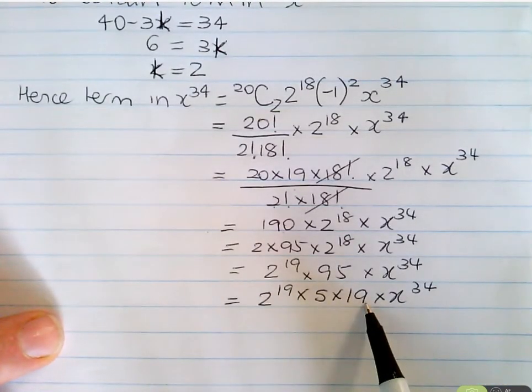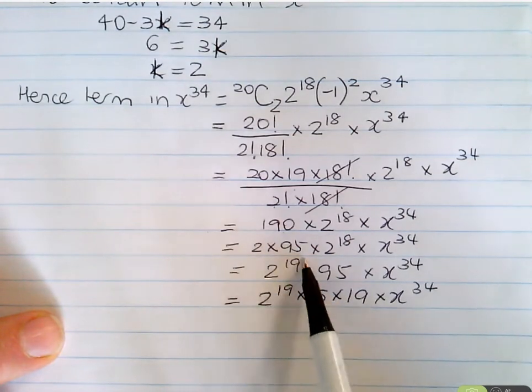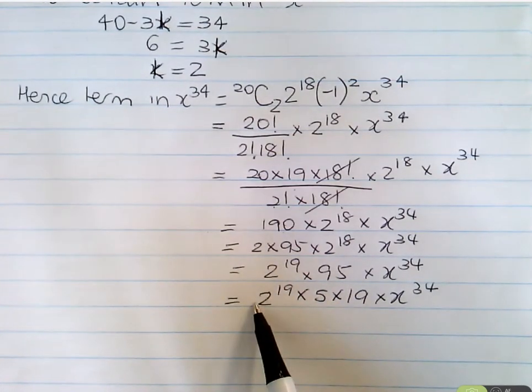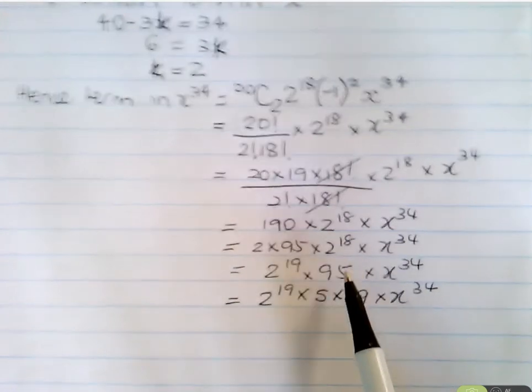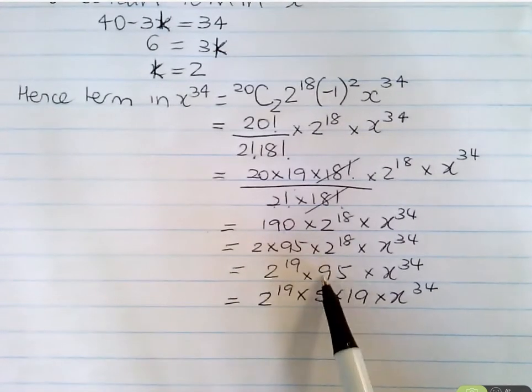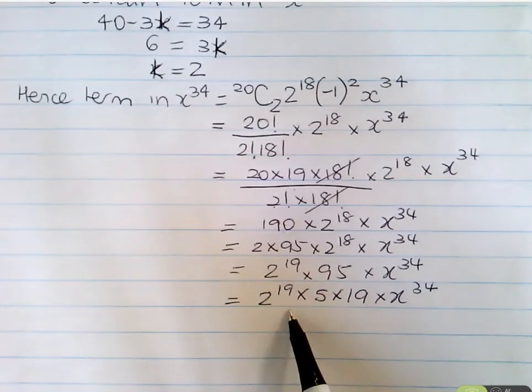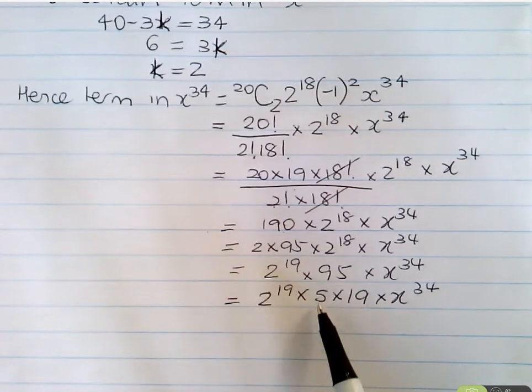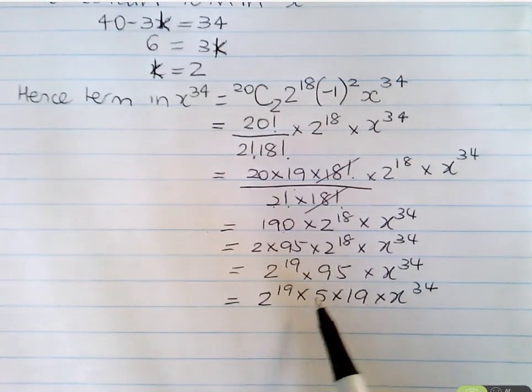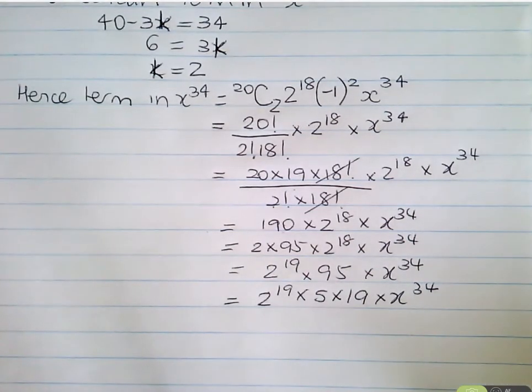Your answer anyway, if you had to write it as a product of prime factors, would be this. I'll show you. This is as a product of prime factors. So 2 to the 19, that's 2, is a prime number. 5 is a prime. Oh, because 95 is 19 times 5. So if you had to write your answer as a product of prime factors. Well, why did we have to break up the 190 in the first place? But actually they do.